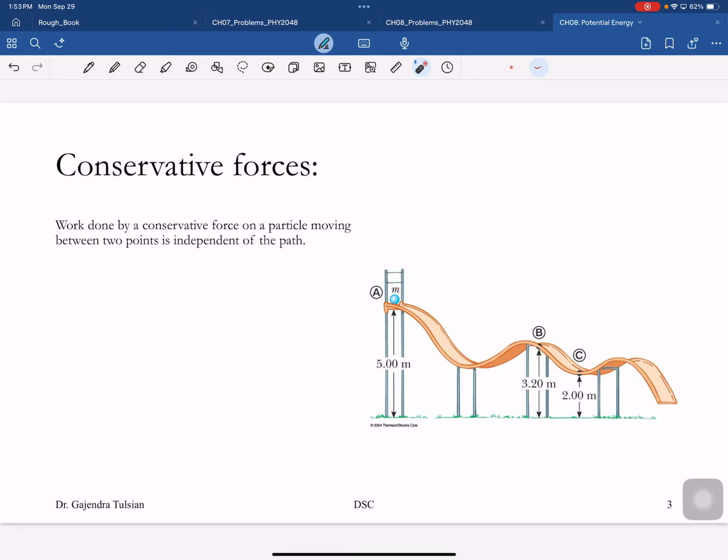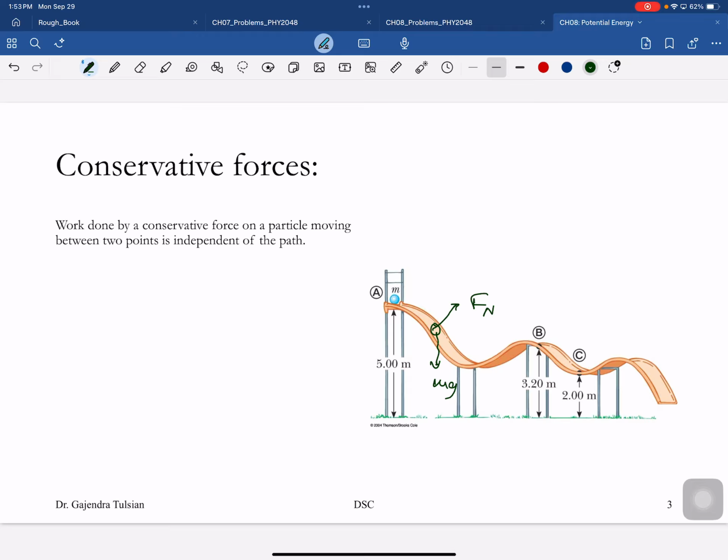Now, what are the forces acting on this object? The only two forces acting on this object will be gravity and the normal force if it's a frictionless slide. How much work does the normal force do? Zero. The only force that is doing work is gravity.